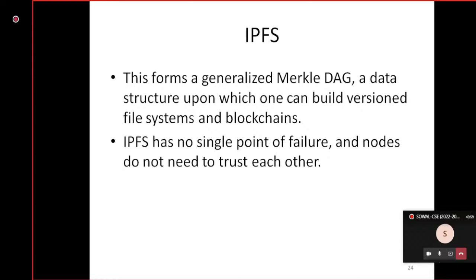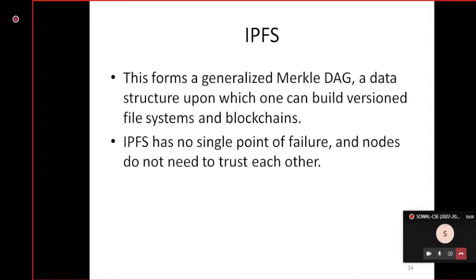Like GitHub, which you must have heard about, a version control system where you can manage files and whatever changes you make based on versions. In IPFS you can do the same kind of thing. You can maintain the versions of different files, and blockchain also requires a similar thing.